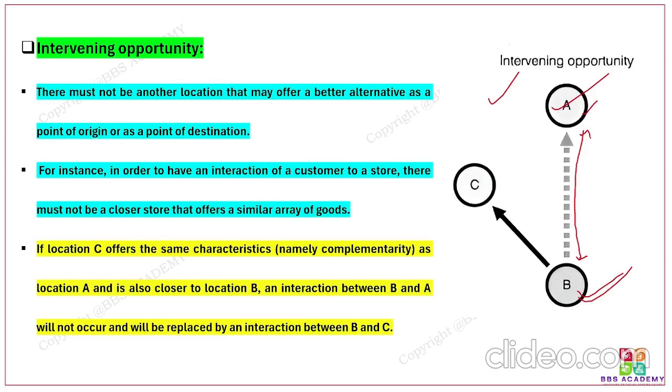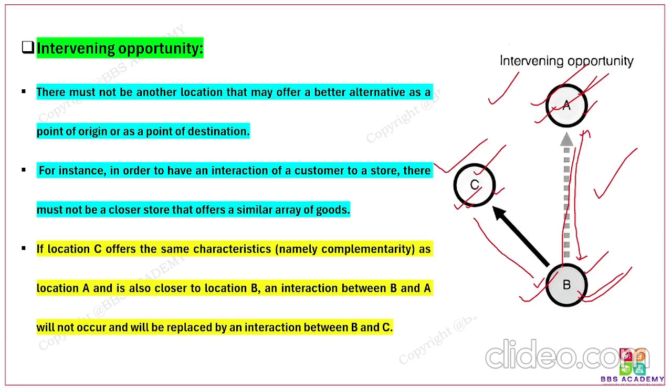If a third location C comes into this interaction, and C is producing the same product as location A, and the distance between C and B is less than between A and B, then the interaction between C and B will be much stronger, the interaction between A and B will be reduced.